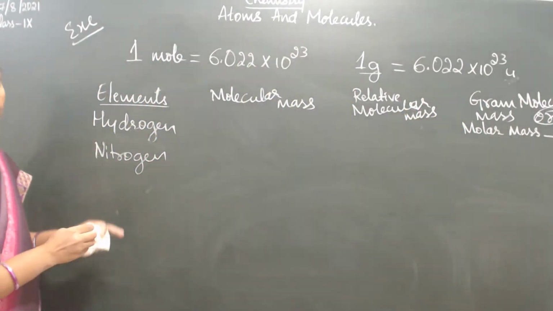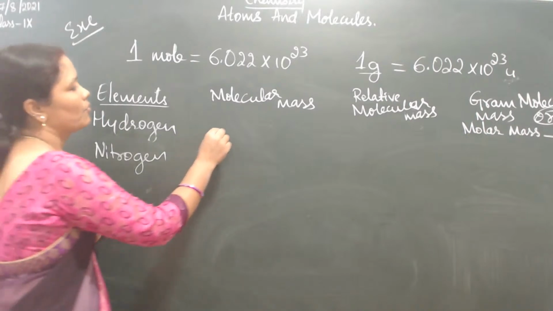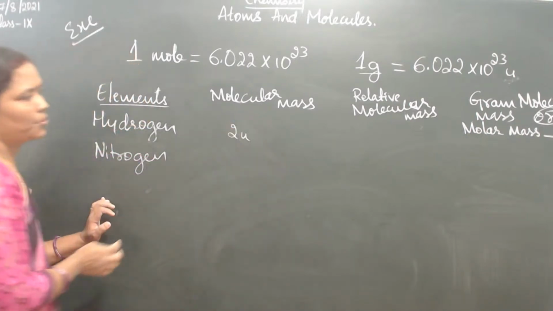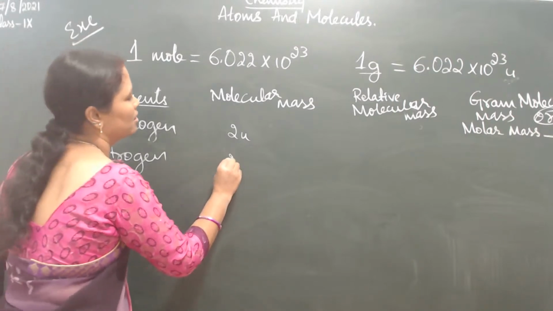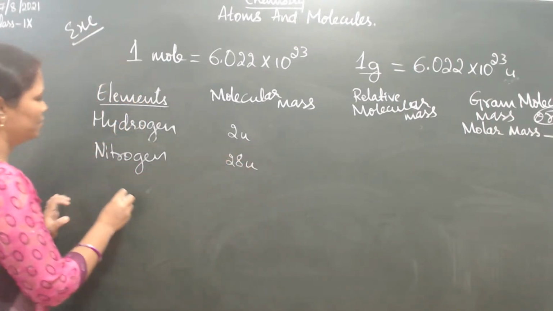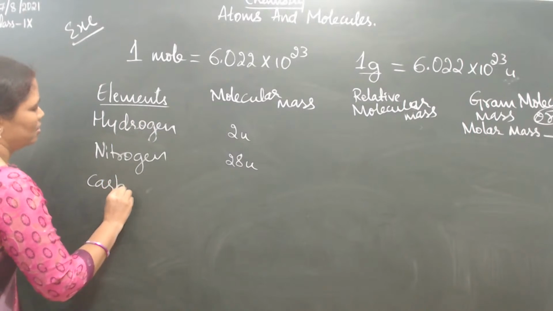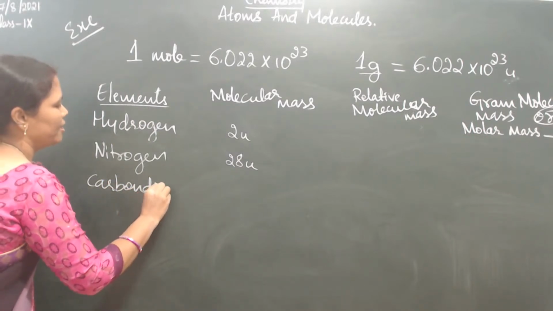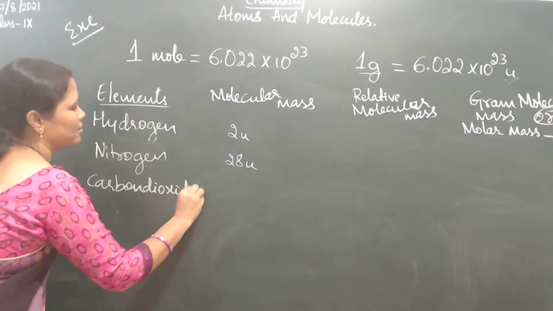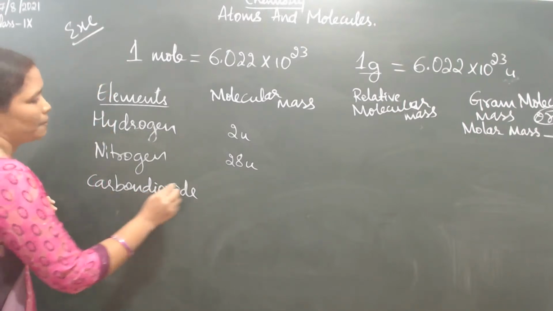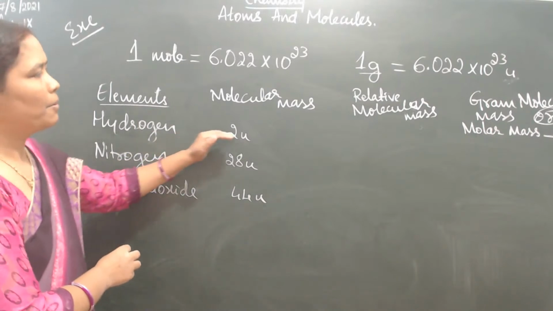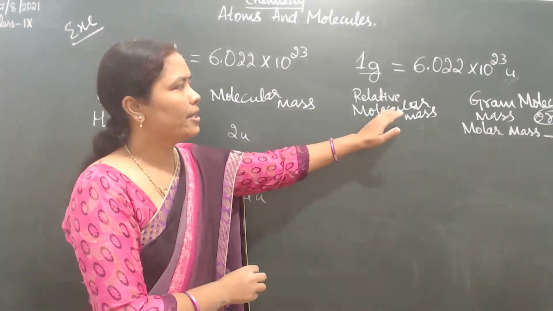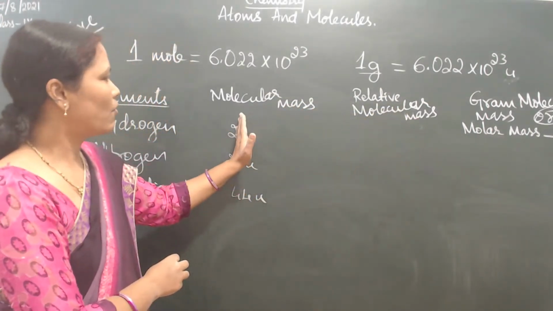The unified mass for hydrogen is 2 U, for nitrogen 28 U, for carbon dioxide 44 U.